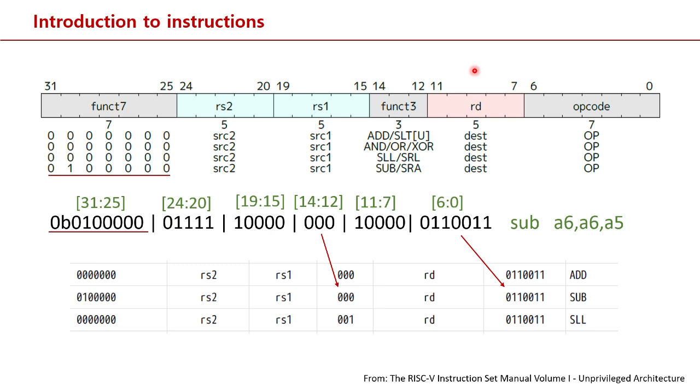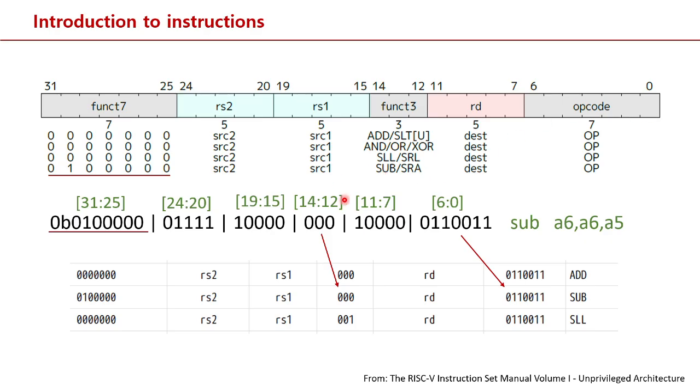For this operation, we need three pieces of information. The first one is the opcode, the second one is function 3, and the last one is function 7. Let's look at each binary value in more detail. The opcode is available in the 0 to 6 bit position.